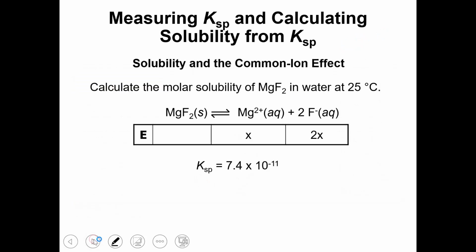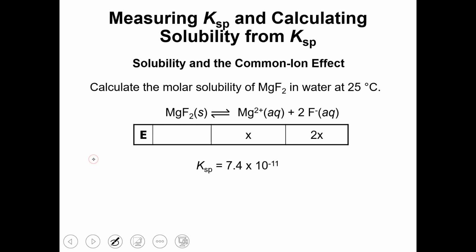So let's take a look at an example where we have KSP and we have to calculate the molar solubility of the ions. In this case, we want to calculate the molar solubility of magnesium fluoride. So we have the equilibrium part of our ice table.